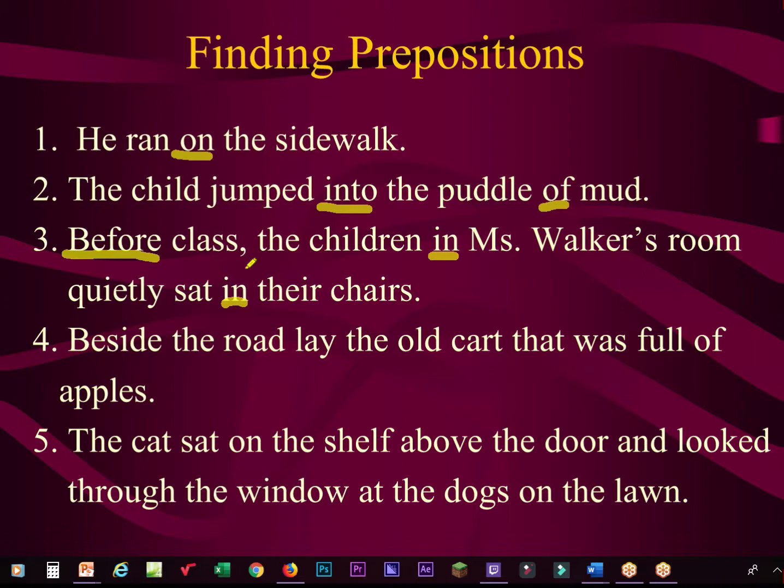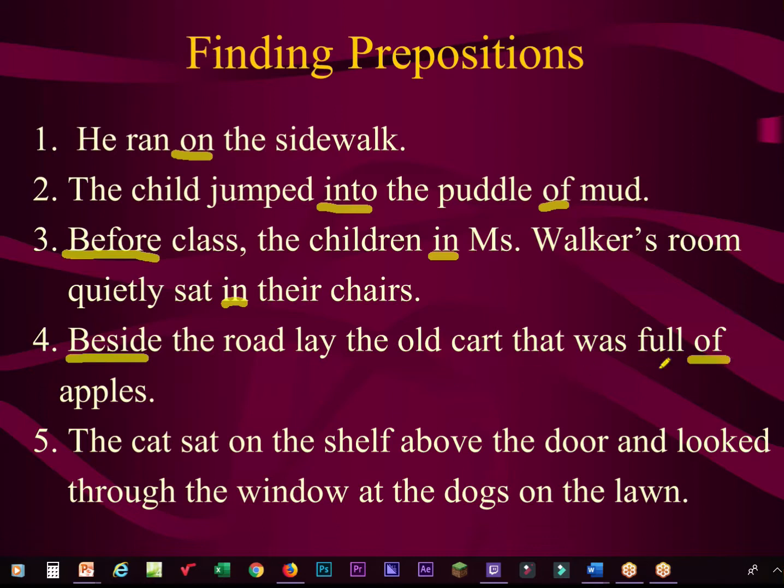Basically, when you run into a two-letter word, it's going to be a verb, or it could be an infinitive, but more than likely it's going to be a preposition. So that might help you. Number 4, beside.